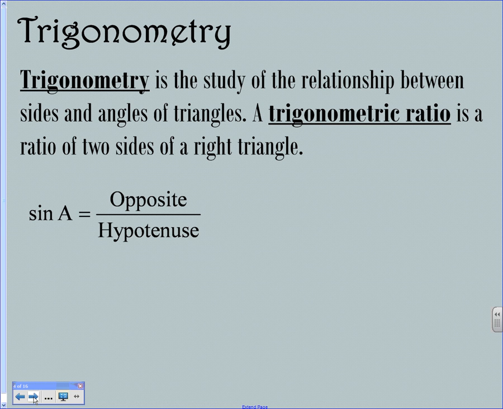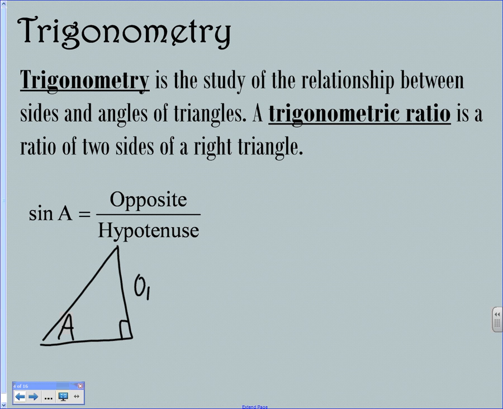So the sine is opposite over hypotenuse. The sine is your opposite over the hypotenuse. So let's look at a little picture. Which side is my opposite side?